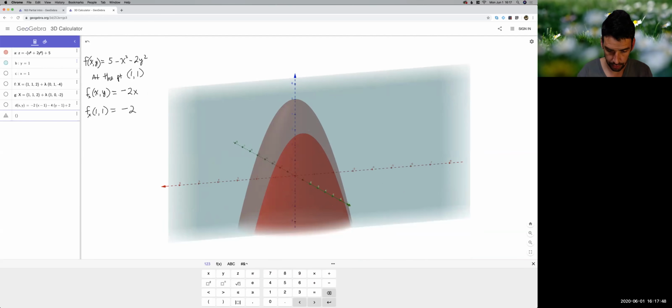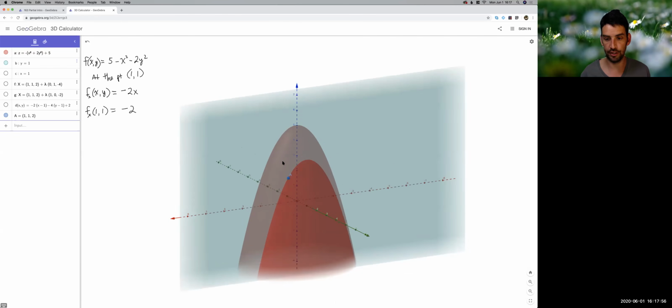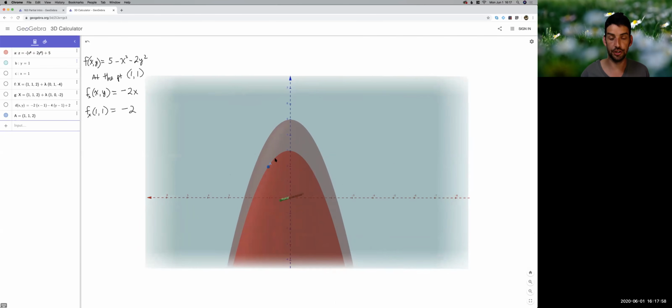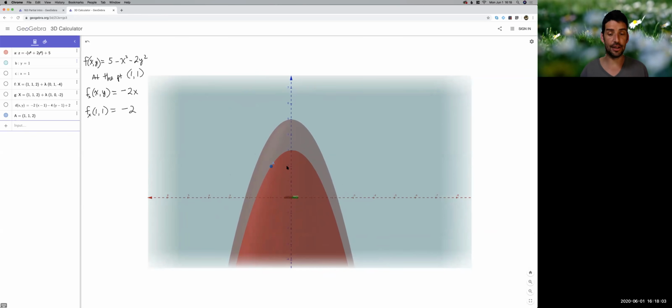You can put 1 into that equation, you'll see that the output is z equals 2. So we've got this point (1, 1, 2). That's the point we're looking at. And so right now we're staring down the y-axis. This blue sheet here is the plane y equals 1, and the shape we see is the intersection of our curve. It looks very much like a parabola at the place where y equals 1. That's the shape of it.